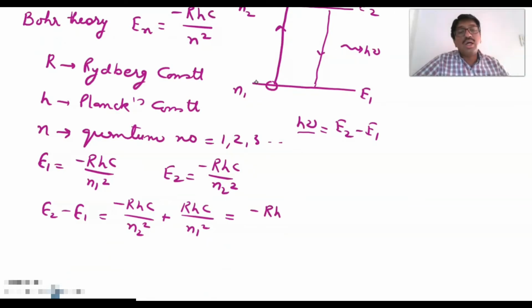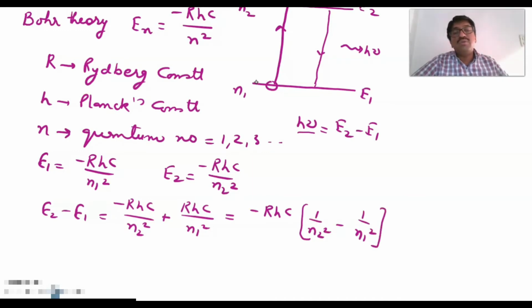If we take minus RHC common, then it becomes 1 upon n2 square minus 1 upon n1 square.